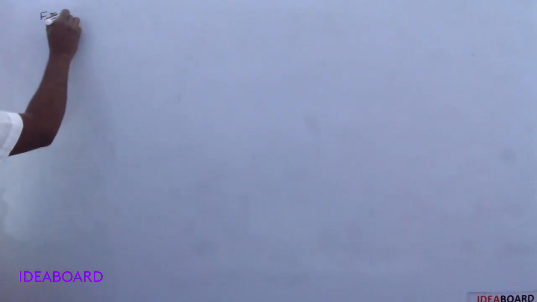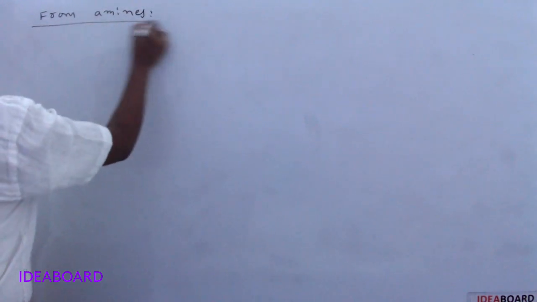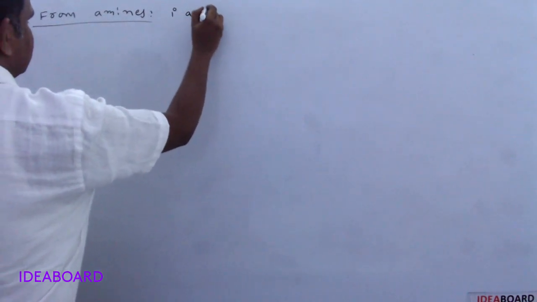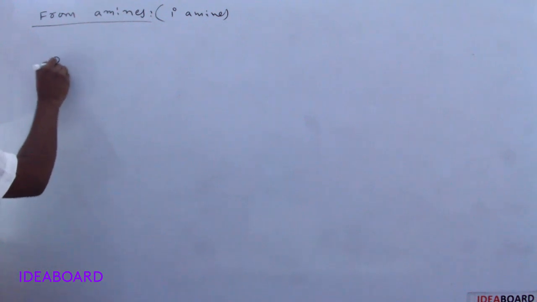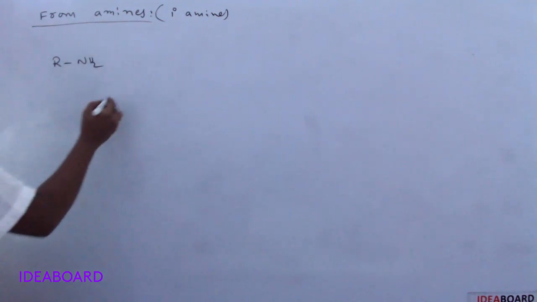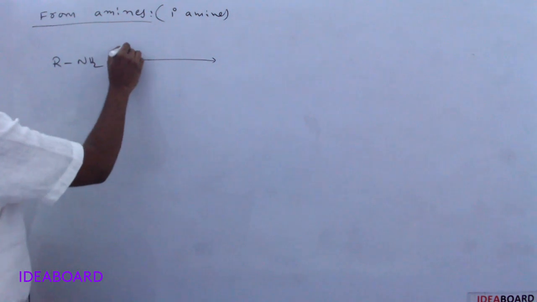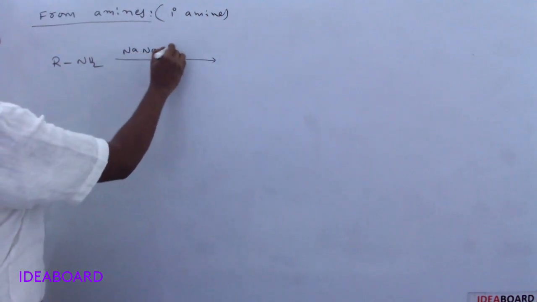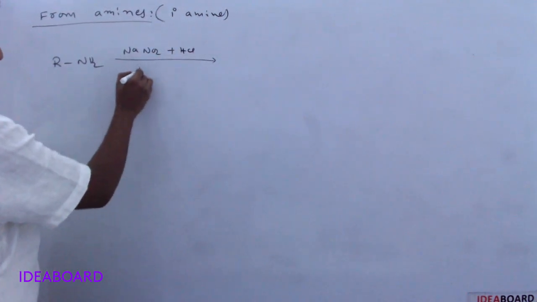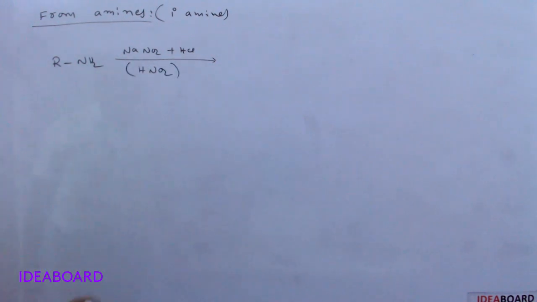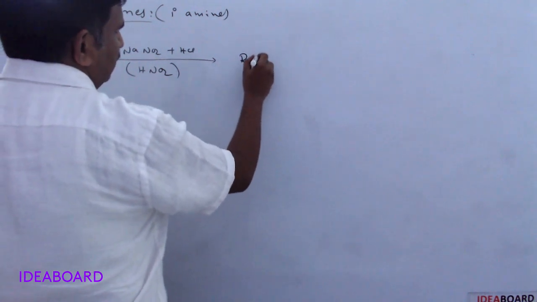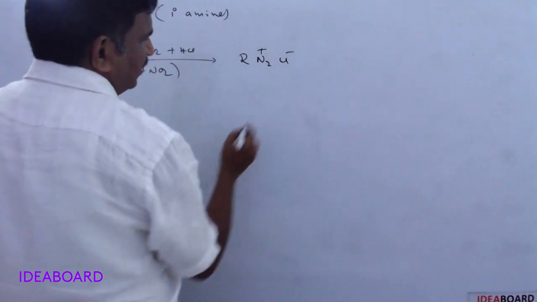Next, from amines, mainly primary amines. Here primary amines we are taking. So first what happens means RNH2 reacts with a mixture of NaNO2 and HCl, or we can say HNO2, nitrous acid, and then it is forming RN2 plus Cl minus.